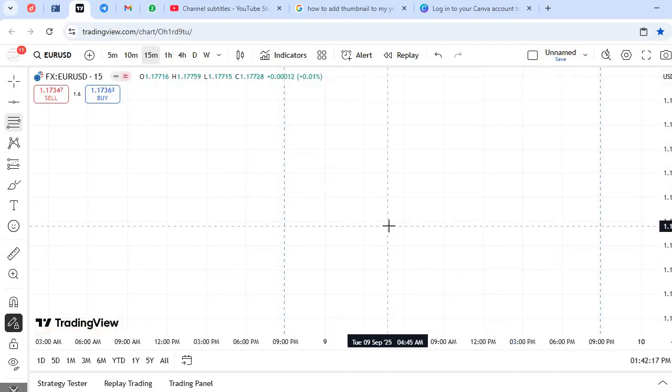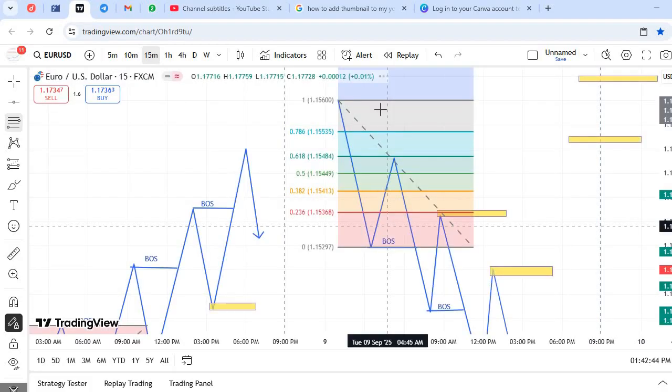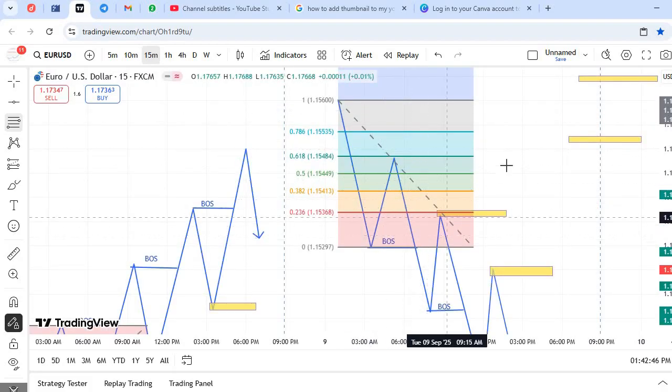Then once we have done that, the next thing we want to look out for is the fib retracement level where the retracement went to before the downward trend.